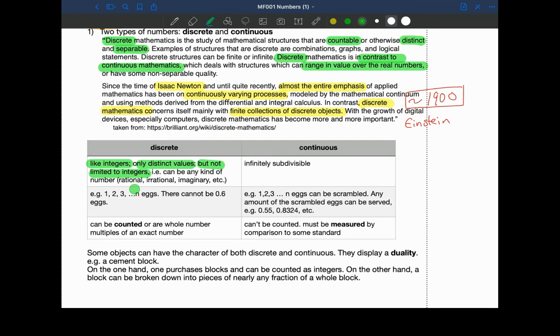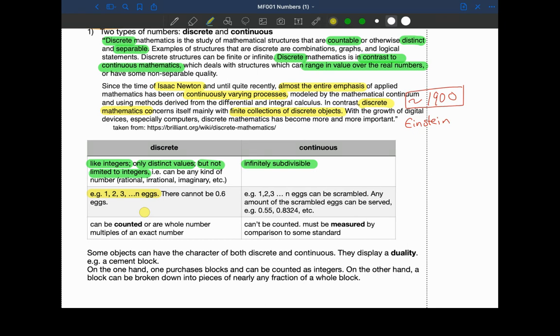Whereas continuous numbers are infinitely subdivisible. Let's illustrate this a little further. We could take a look at, say, eggs. Those are things we can count. There are either 1, 2, 3, 4, or some number of eggs, but there cannot be 0.6 eggs or 0.65 eggs or 0.72 eggs.